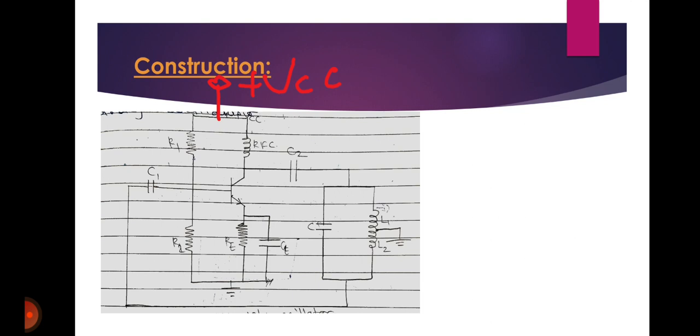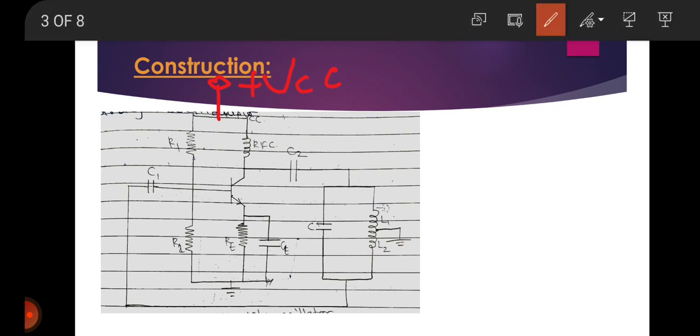Instead of using tapped capacitors as we saw in the Colpitts oscillator, here two inductors L1 and L2 are placed across a common capacitor and the center of inductors is tapped. This is L1 and L2. These are two inductors which are tapped.